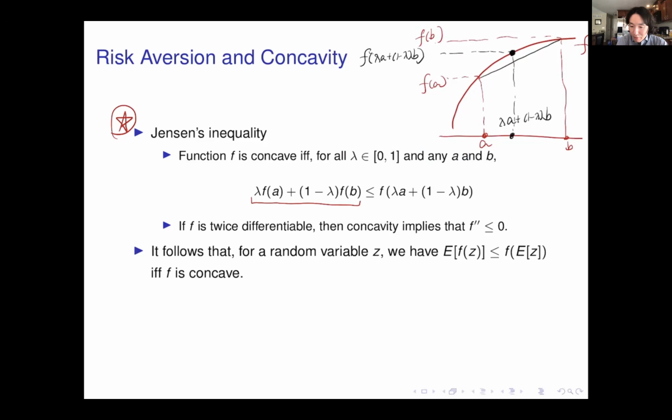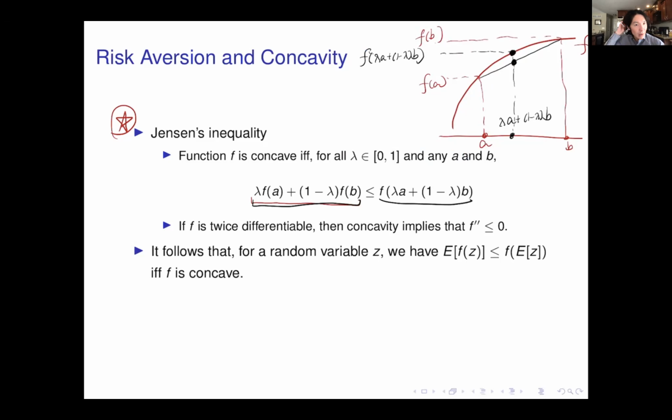Okay. So whenever this point is above this point here, this point is the linear combination between the two. Then we call the function f concave based on Jensen's inequality.